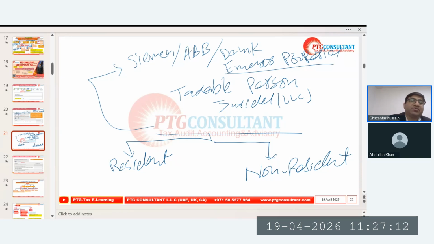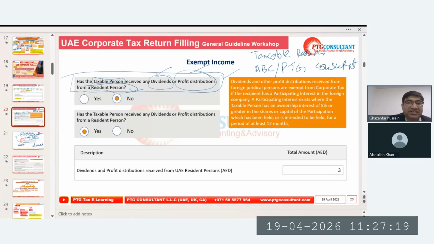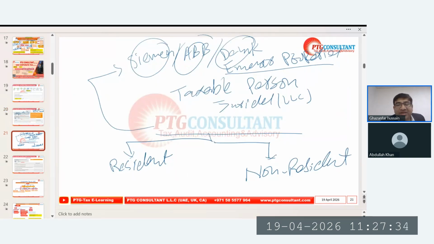If we made the investment here, and we are receiving the dividend, what will we receive if we invest in shares? What will we expect from them as a dividend or profit distribution? From whom? The other companies like Emaar Properties, which is also a UAE resident company. If it's a UAE resident company, we are getting the dividend, or the profit, from the UAE resident company.